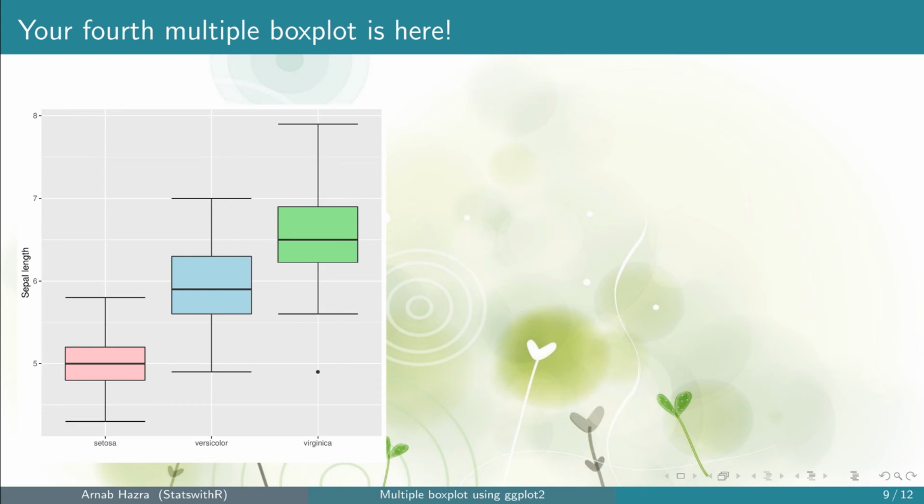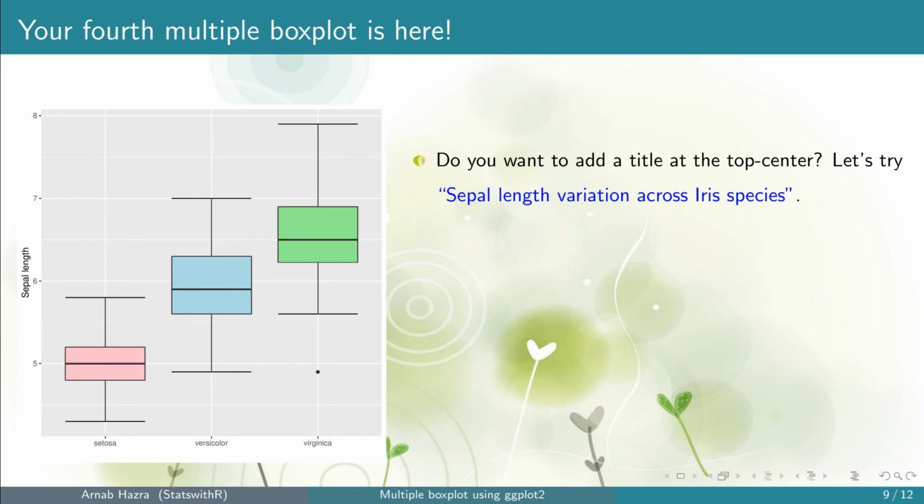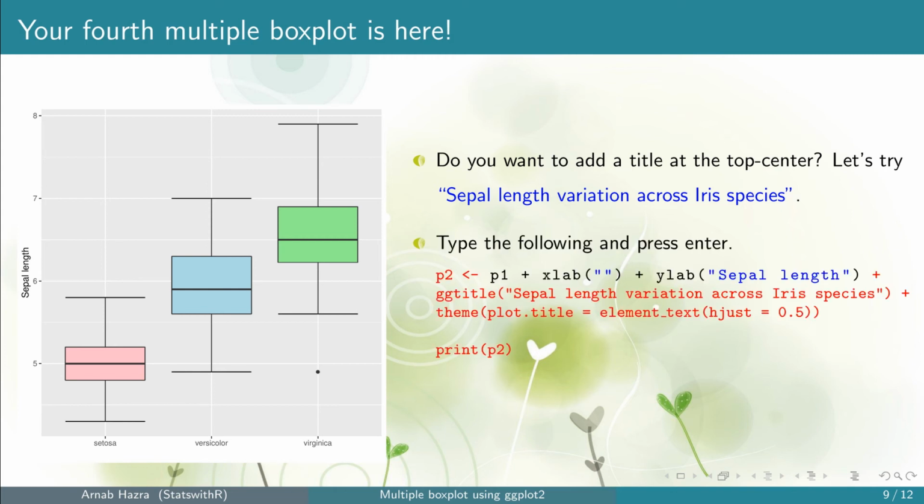You can see that the label of the x-axis has disappeared and also the y-axis label is changed to sepal length. Next, you might be interested to add a title, say sepal length variation across iris species. Also, you might want to place the title at the top center. To do this, add two lines.